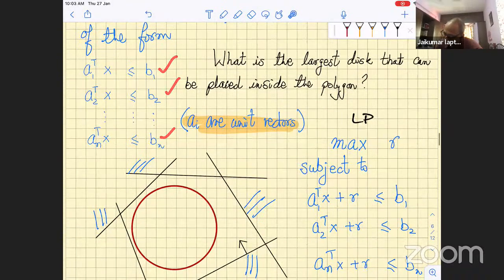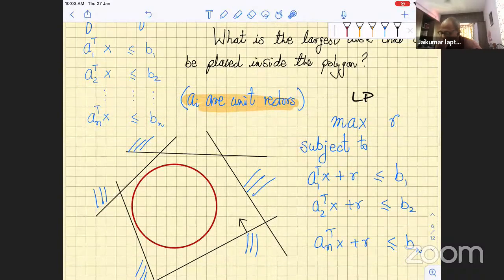And now you're trying to find the largest disk which is contained inside this polygon. And the distance is our usual L2 distance. The distance between 2 points is the square root of the sum of the squares of the differences of the coordinates. So we are trying to find the largest disk which can be placed inside this polygon. Now, it turns out that linear programming can do this as well.